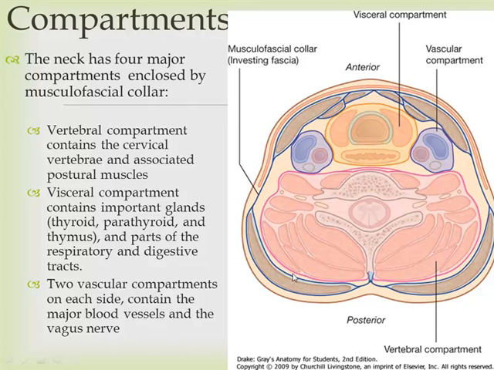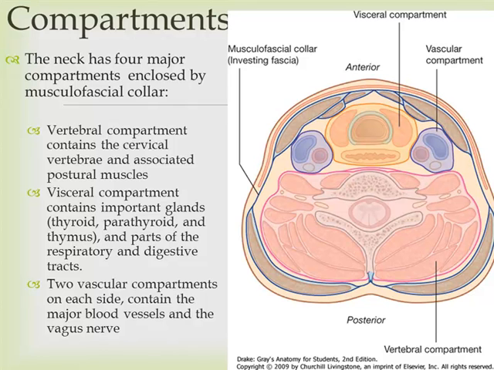The vertebral compartment does have a specific type of fascia that goes around it. We also have 2 vascular compartments on the side of the trachea, and these also have a specific fascia going around them. They contain the jugular vein, the carotid artery, and part of the vagus nerve. So how many vascular compartments do we have in this cross section? 2.